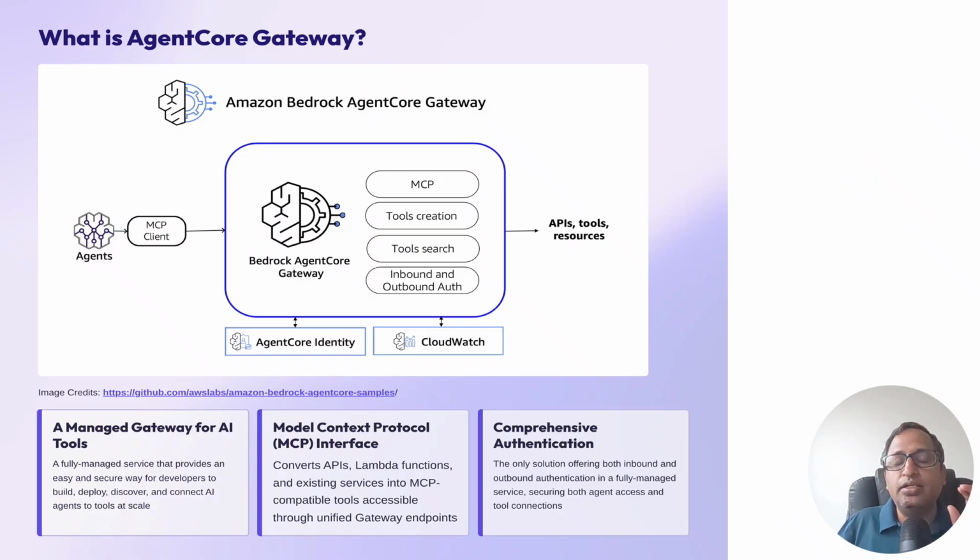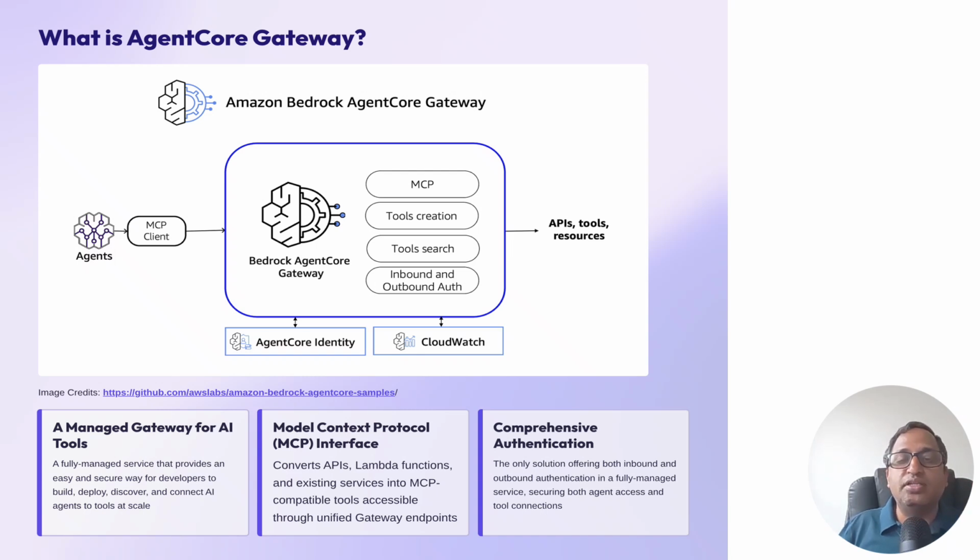So let's take a closer look at the AgentCore Gateway, a key component of Amazon Bedrock AgentCore that simplifies how AI agents connect with tools and APIs. At its core, the gateway is a fully managed entry point for AI agents to discover, invoke, and securely interact with the tools, whether they are APIs, Lambda functions, or third-party services.